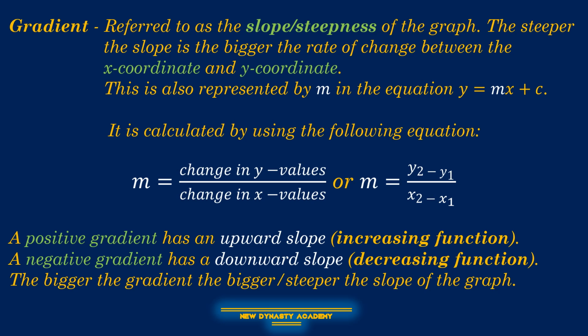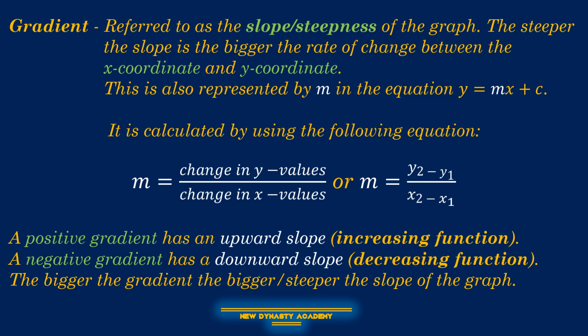Now this is also represented by the letter m in the equation y equals mx plus c. So this letter m represents the gradient. So how do we calculate the gradient? It is calculated by using the following equation: gradient equals change in y values divided by change in x values.